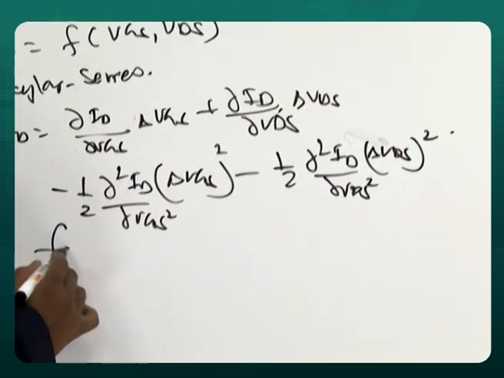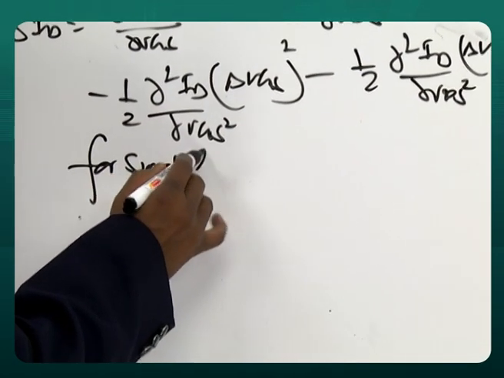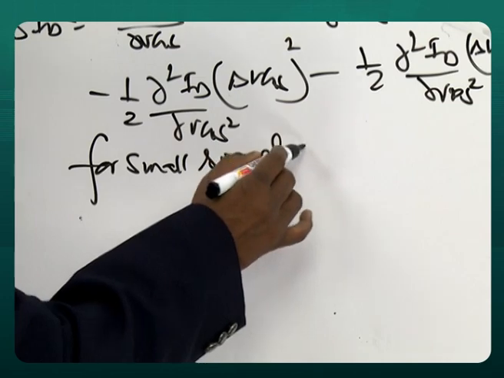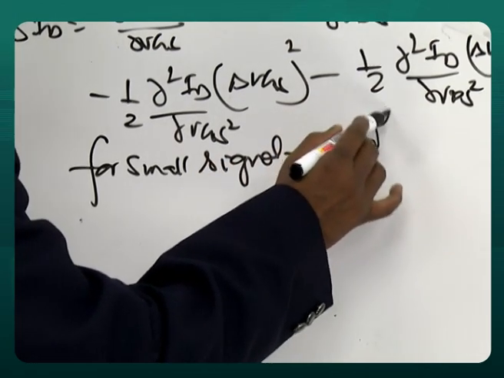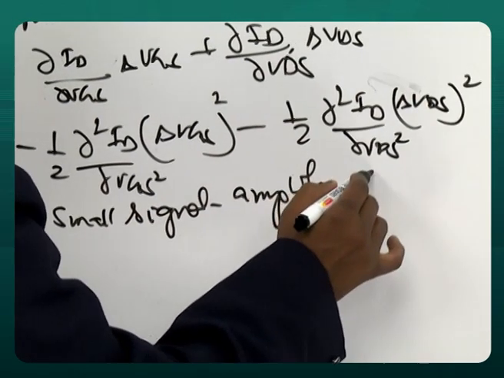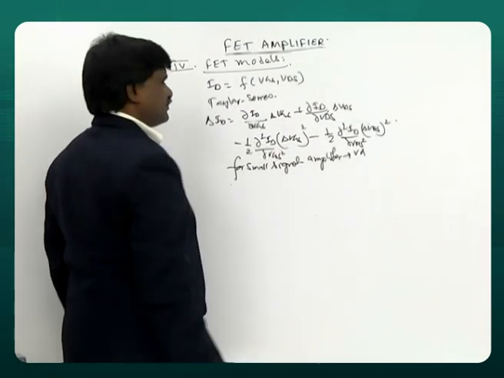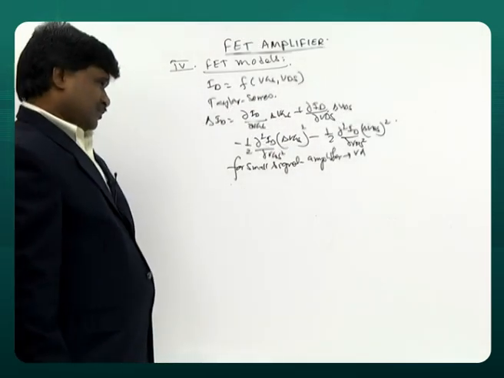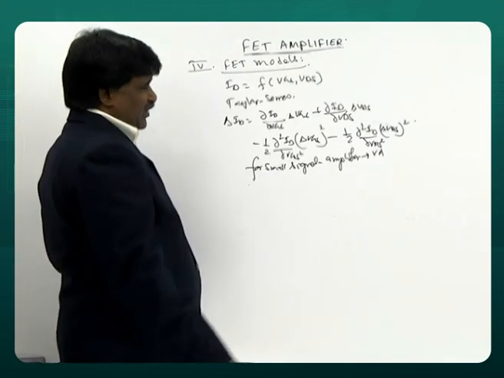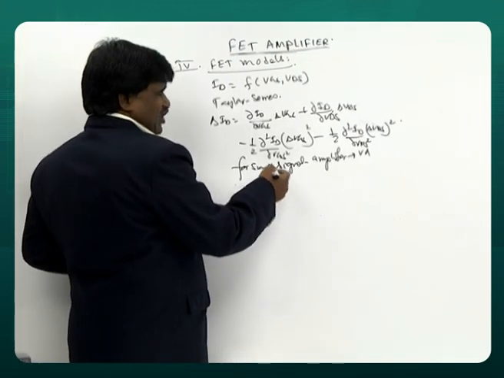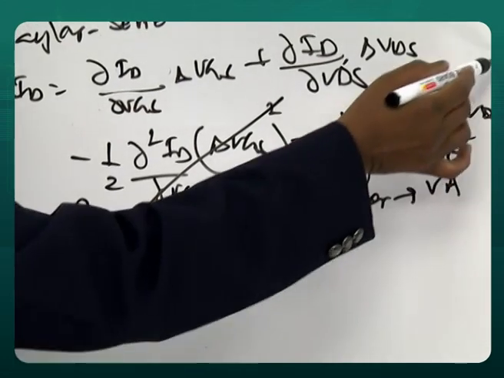For small signal, we are going to really talk about small signal amplifiers. Small signal amplifier means signal is small, that is voltage amplifier. For small signal amplifiers or voltage amplifiers, the change is small, neglect this, neglect this.